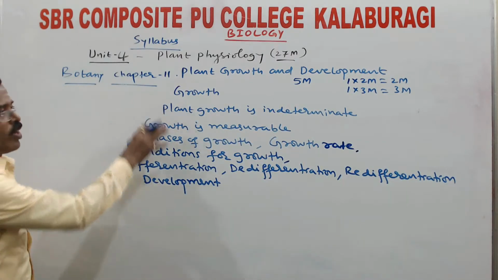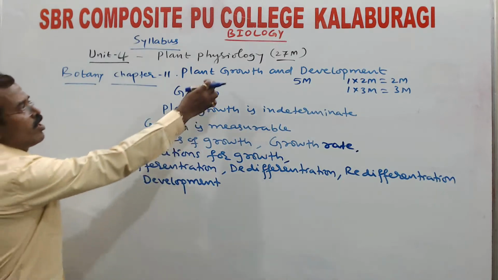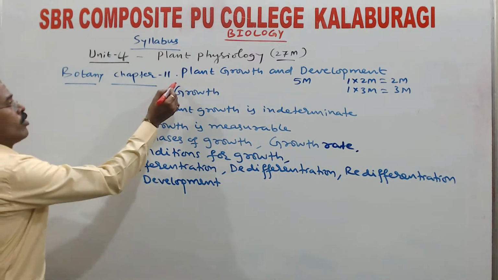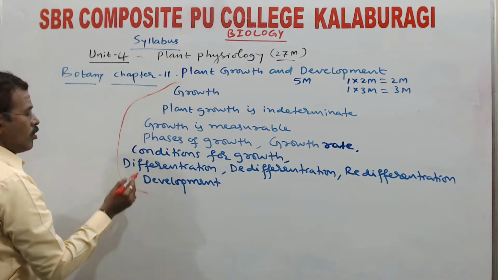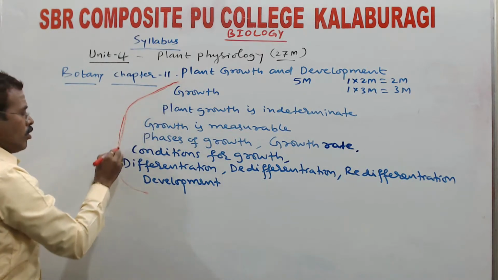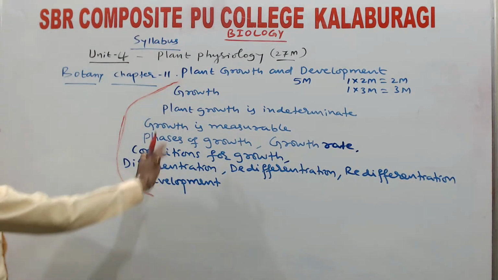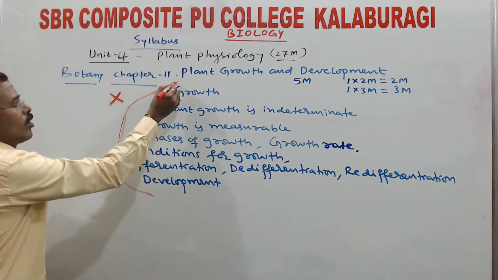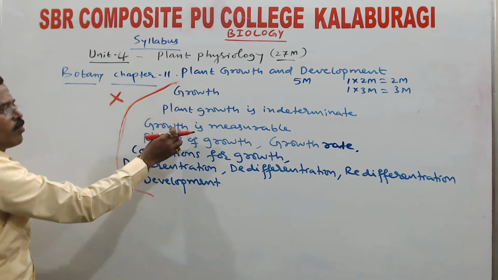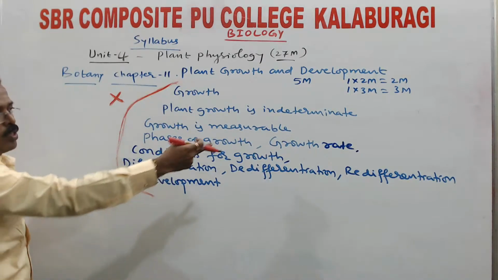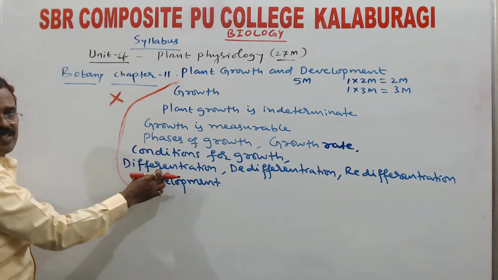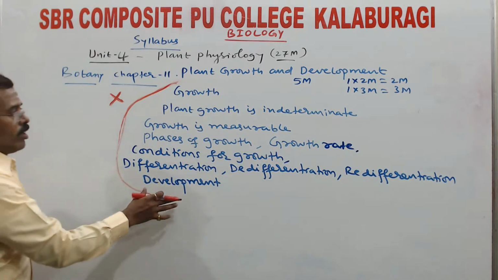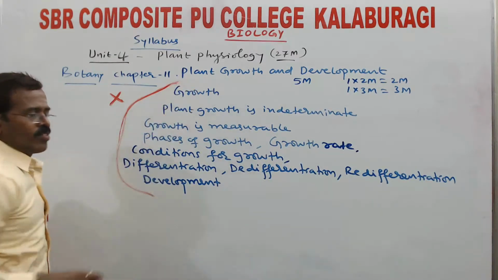These are the various concepts which are there in the beginning of this chapter. These concepts are deleted: growth, plant growth is indeterminate, growth is measurable, phases of growth, growth rate, conditions for growth, differentiation, dedifferentiation, redifferentiation, development. These concepts have been deleted from this chapter.